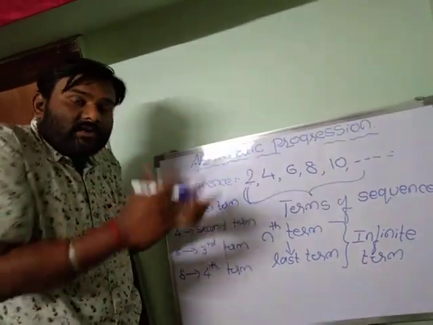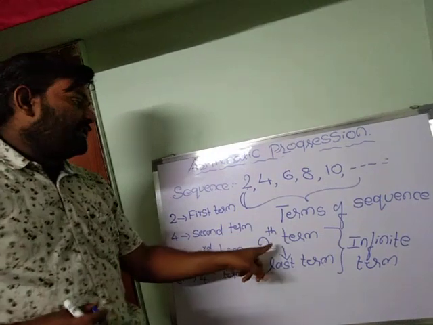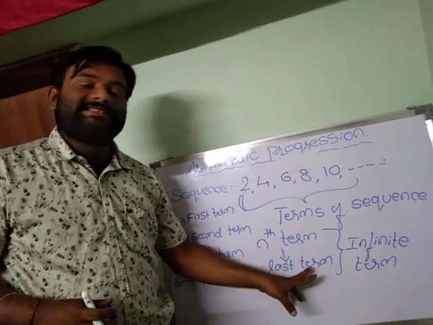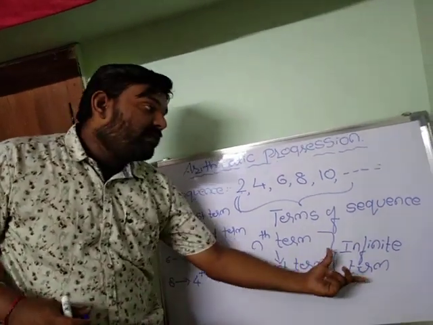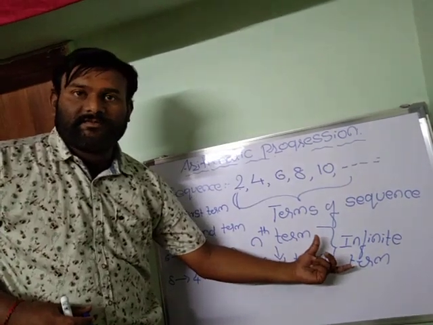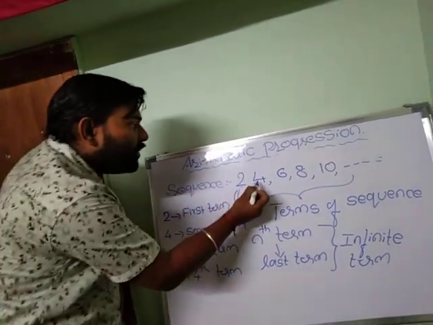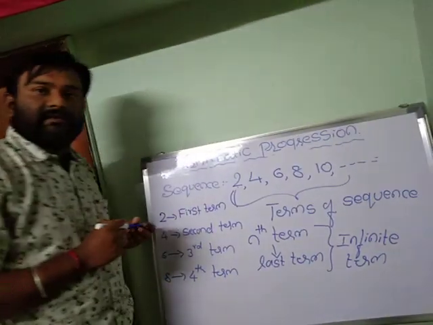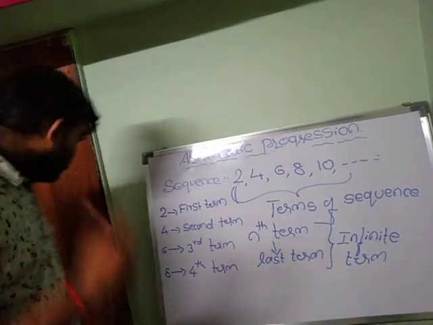Where it stops, I don't know. That's why I have written it as the nth term or last term. That is the infinite term. These are called the terms of a particular sequence. You take any sequence. I will take one more example.